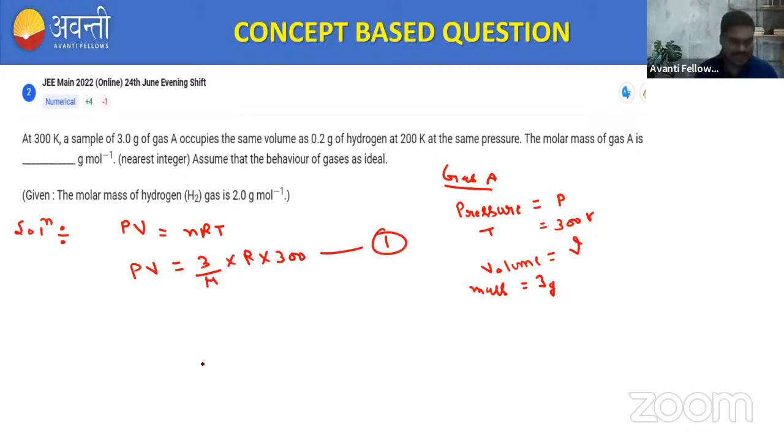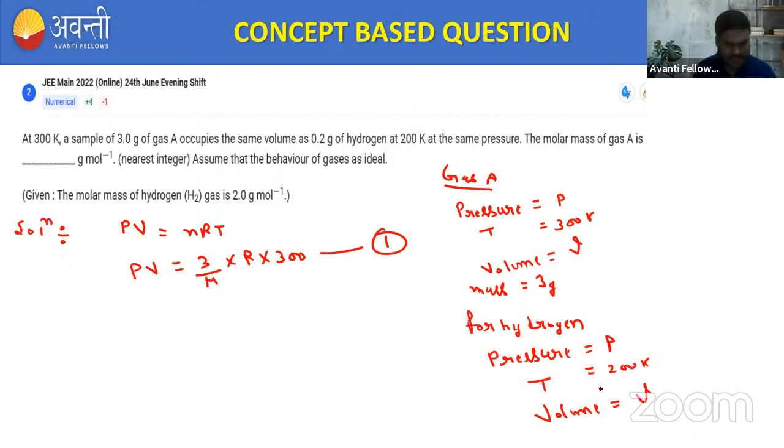Similarly for the second, for hydrogen. For hydrogen, what do we have? We have pressure P. Temperature is given, that is 200 Kelvin.